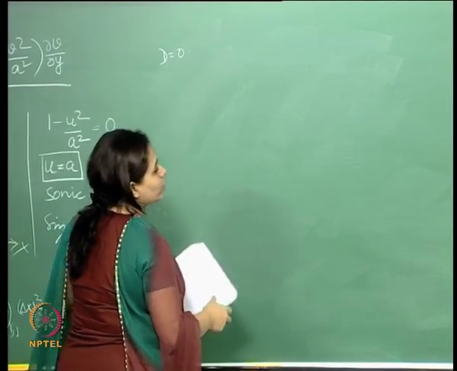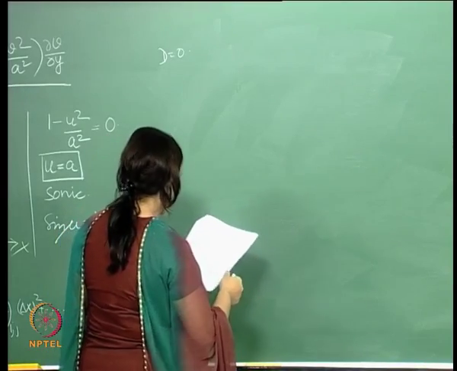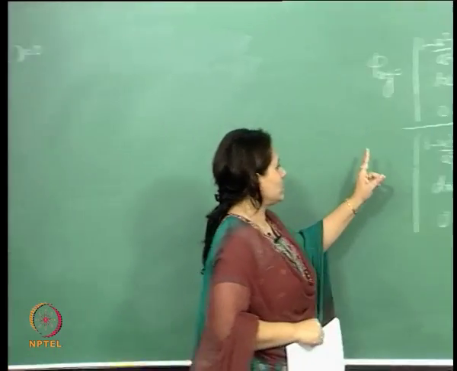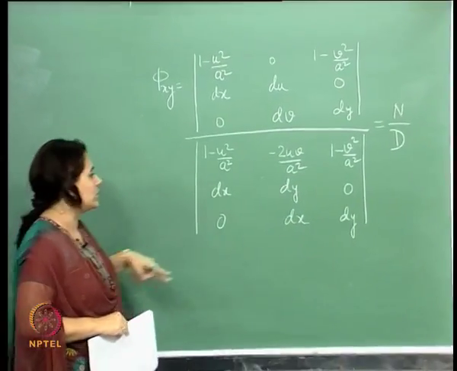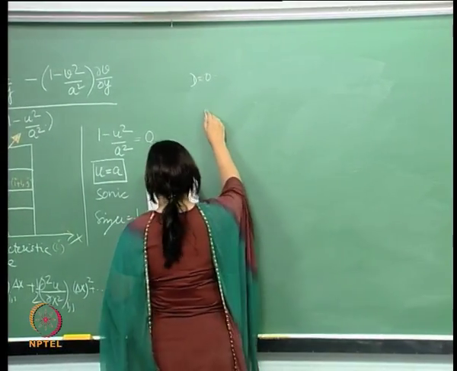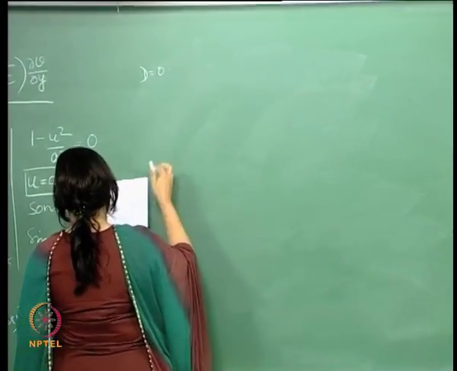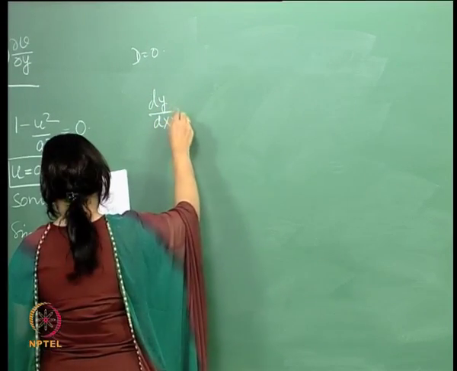Now if d is equal to 0, this determinant is going to go to 0, and what we get here is this. So I am not going through the total math of this. What we get is this.